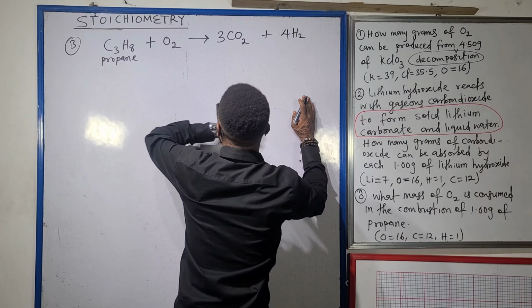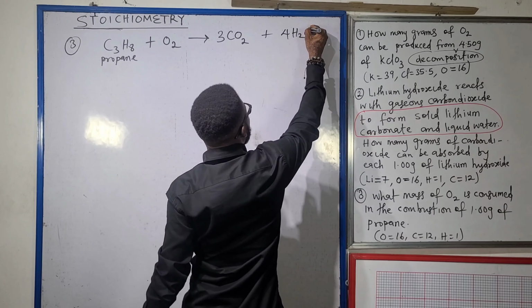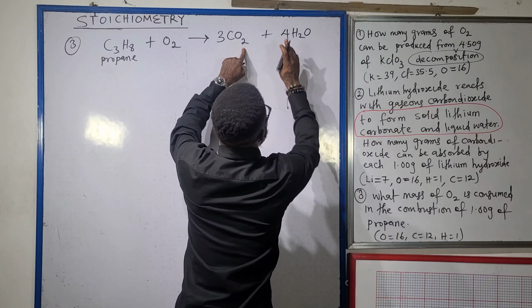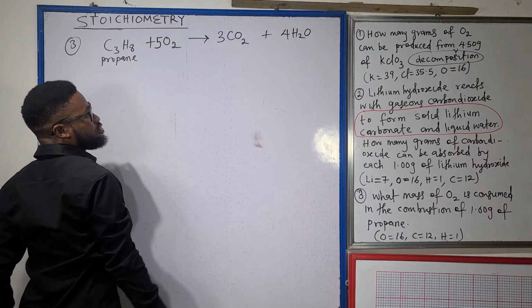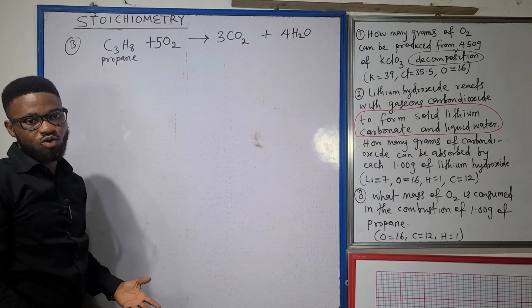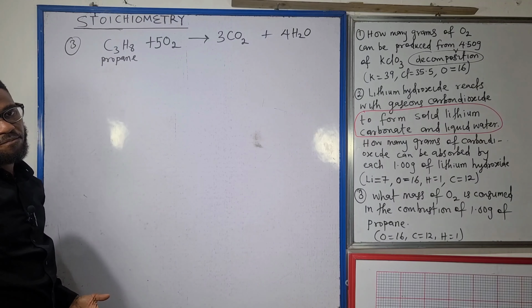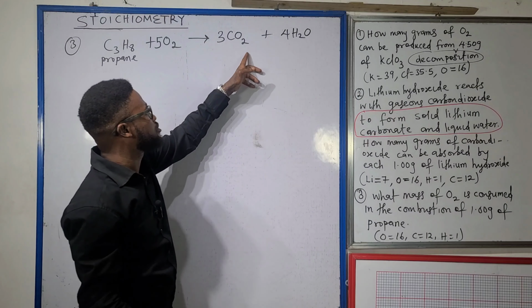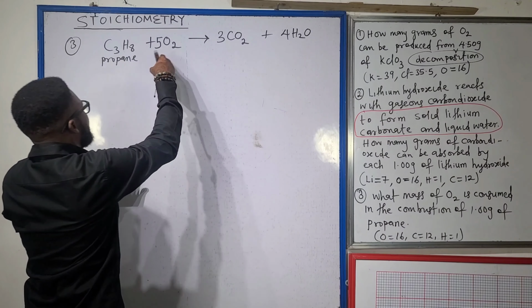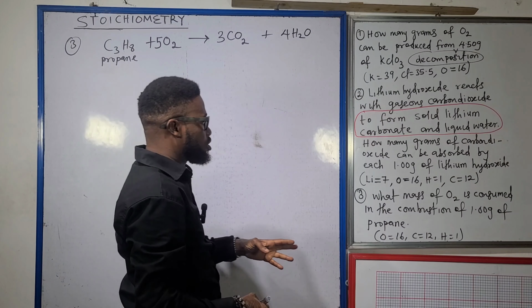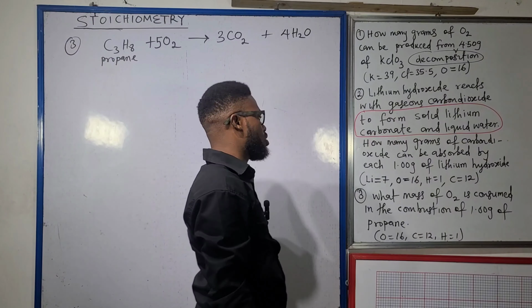That is what will be formed when you have combustion. So 3 times 2, 6, plus 4 oxygen here, that makes it 10. So if I put 5 here, that just makes a balanced equation, because I have 3 times 2 oxygen here, then 4 oxygen here, that makes it 10. 5 times 2, 10.